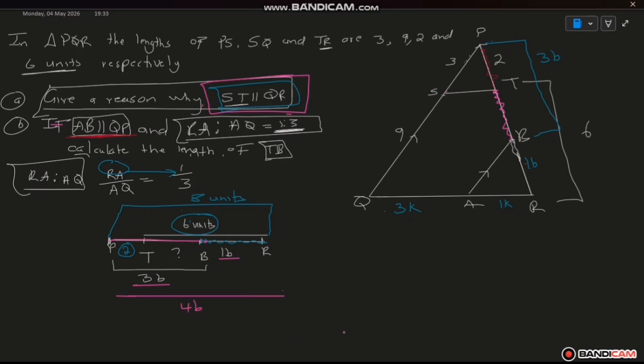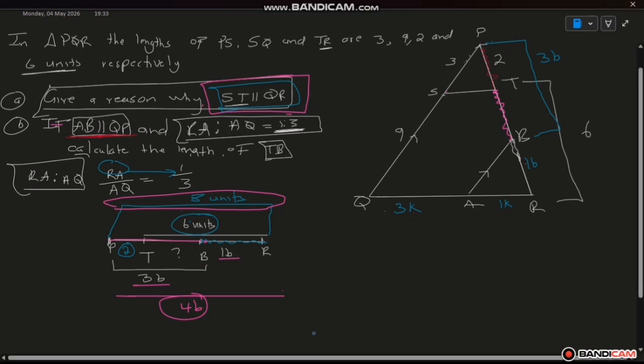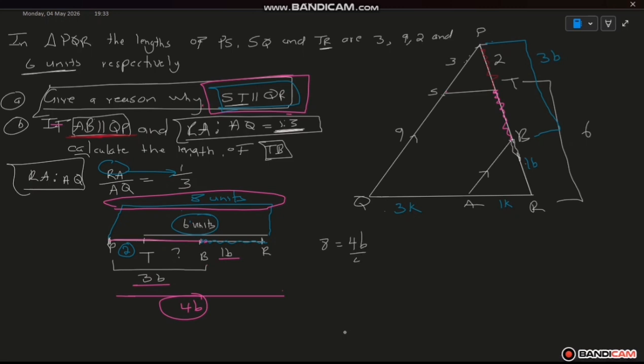Then up there we have 8 units as PR, but PR as ratios, we have 4B. Then PR, we do have 8, meaning that PR, the actual length, is equal to PR, the ratios. I'm not sure if you understand that. So we divide both sides by 4 so that you can find the value of B. Now the value of B is 2 units.